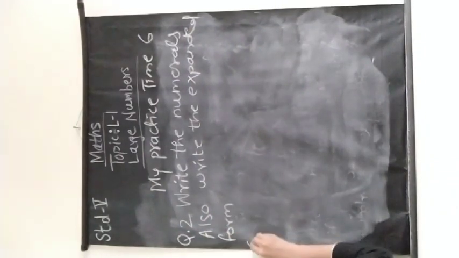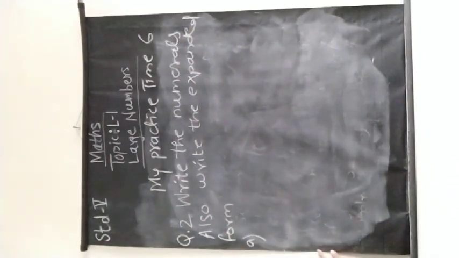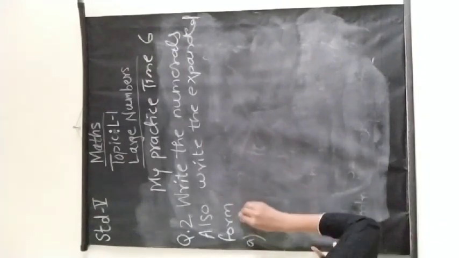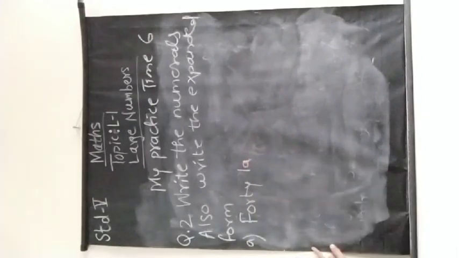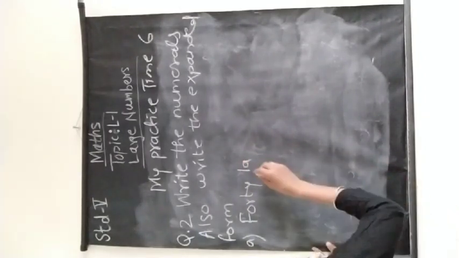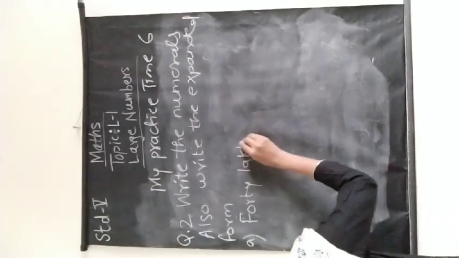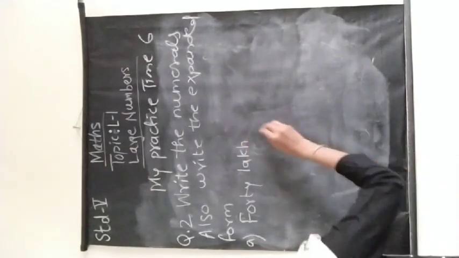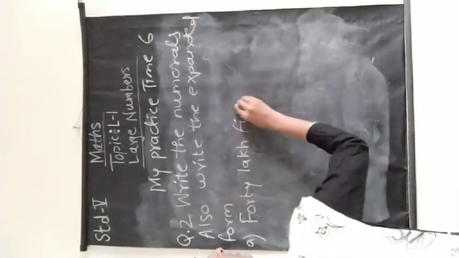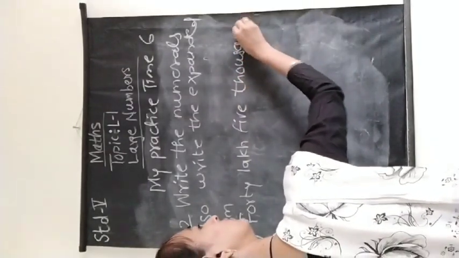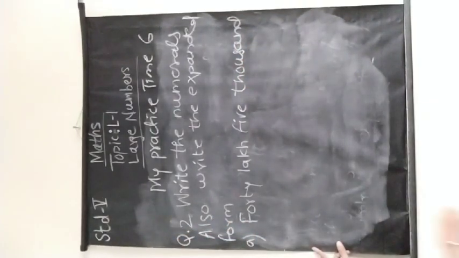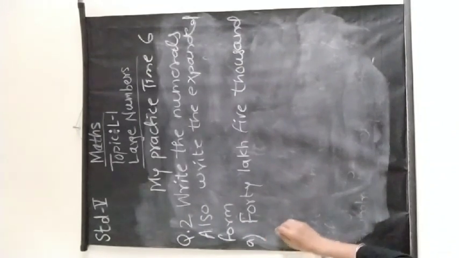In that, first 40 lakh. Now here you can see the lakh is there, that's why it is in the Indian system. 40 lakh 5,000 then 307.